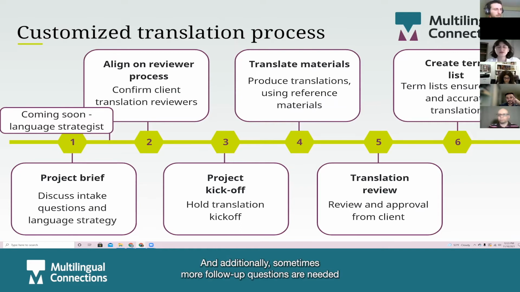And additionally, sometimes more follow-up questions are needed for the Japanese market in order to draw out additional information that might have remained unsaid in the initial answer. And so this is all insight that our language strategists can provide and can help add to the English strategy before it's even translated.